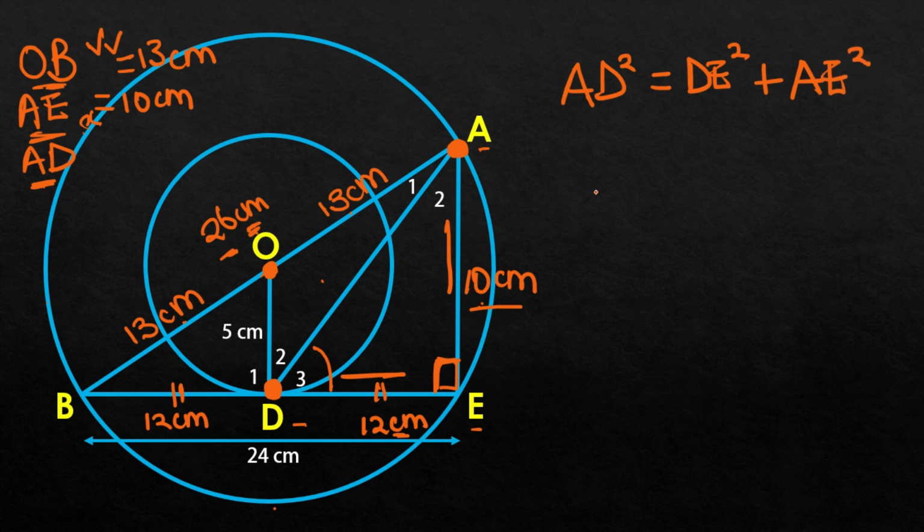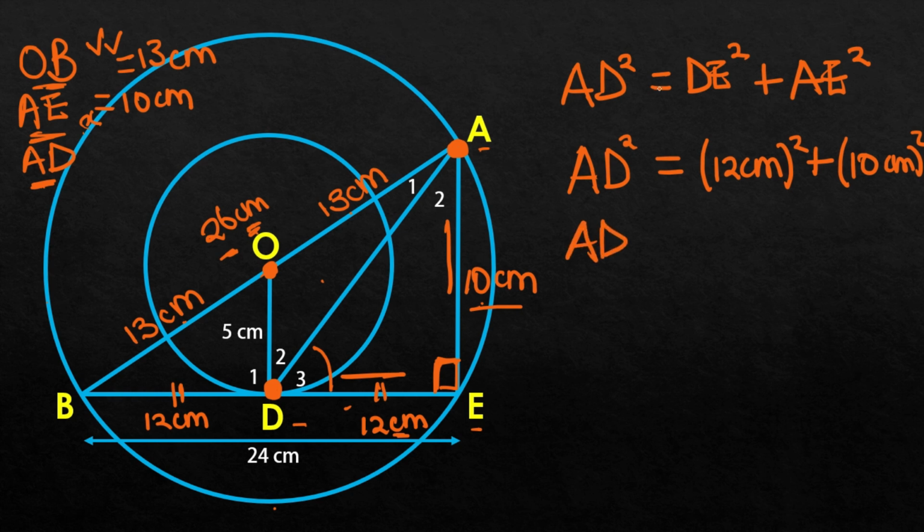So AD is not given, we are looking for it, so we're going to write AD squared is equal to DE, which is 12 centimeters squared, plus AE, we have calculated it to be 10 centimeters, squared.